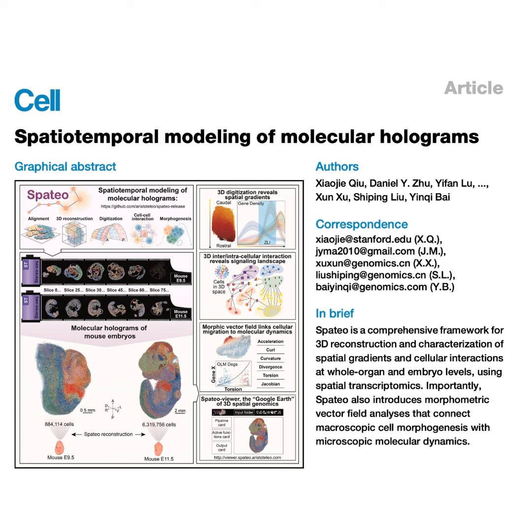Which leaves us with a fascinating, forward-looking reality to consider. Because if a computational framework can now map, digitize, and track exactly how the physical forces and chemical signals guide unspecialized cells into building a functioning organ, we are looking at the foundational code for tissue engineering. Exactly.